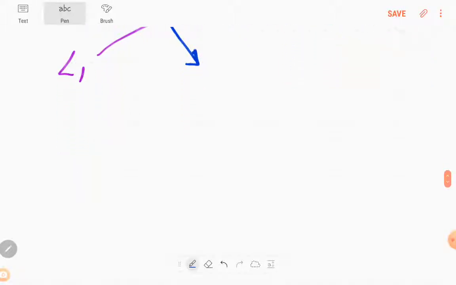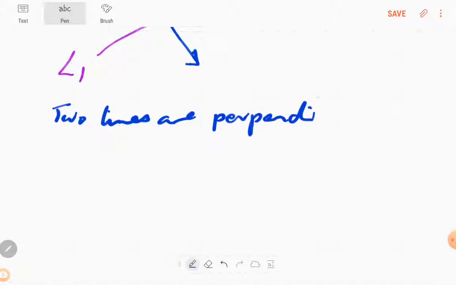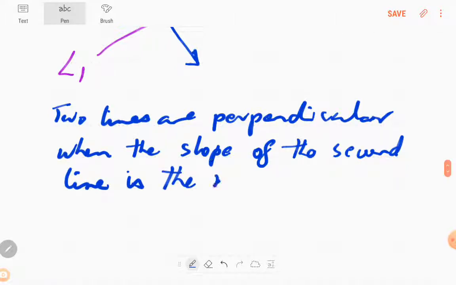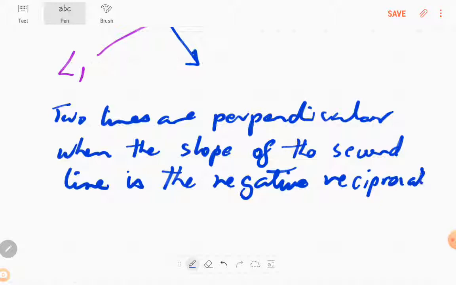And for perpendicular lines, two lines are perpendicular when the slope of the second line is the negative reciprocal of the slope of the first line.